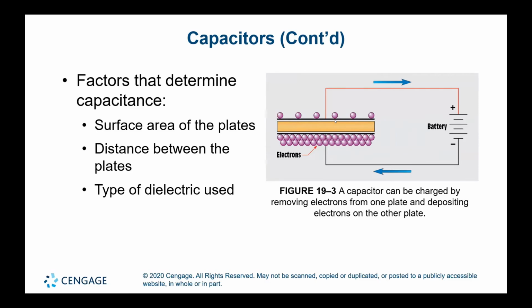You can see that this positive terminal is going to be attracting all the electrons from this plate, and the electrons are going to move to that positive terminal. All these excess electrons that came to the positive terminal are going to be pushed to this other terminal here. And the dielectric is not going to allow the flow through it, and that's what is going to keep the capacitor charged.